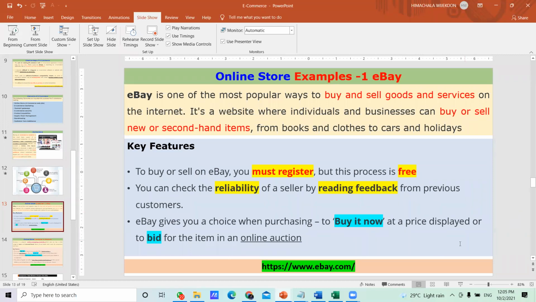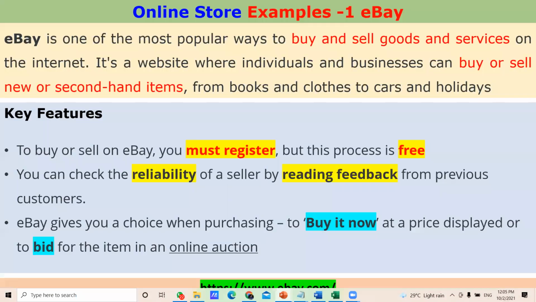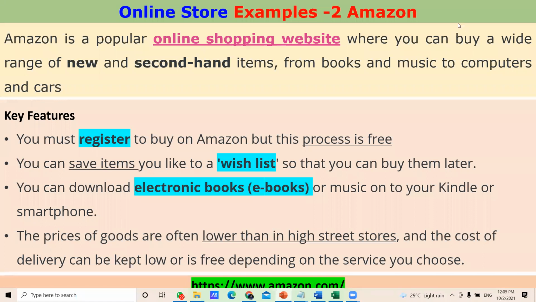Like eBay, another popular website is Amazon. Example 2 here, I want to discuss with you, Amazon.com. Amazon was very popular for book selling in earlier times, but now they are engaged with other products also.